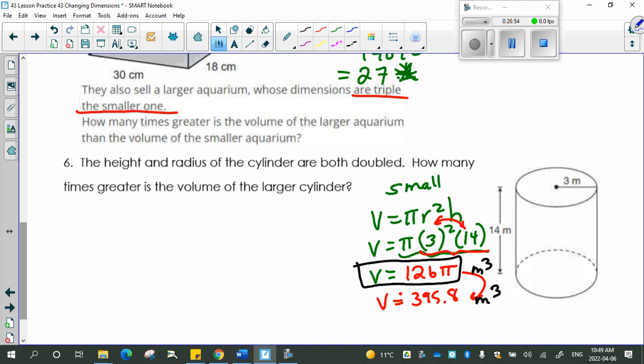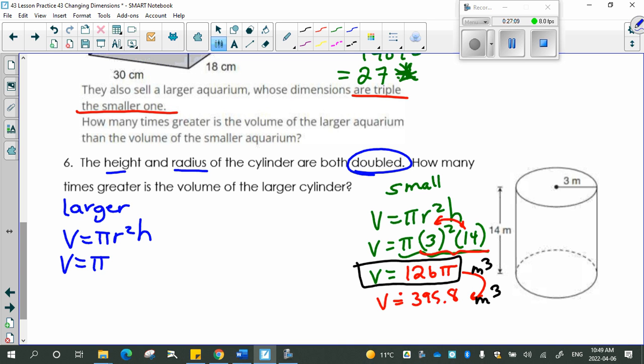All right, so let's do the larger one now. So our radius is doubled. Both the radius and the height are doubled. So our radius was 3, it's going to be 6 now, doubled. And our height was 14, it's going to be 28 now. Does that make sense?